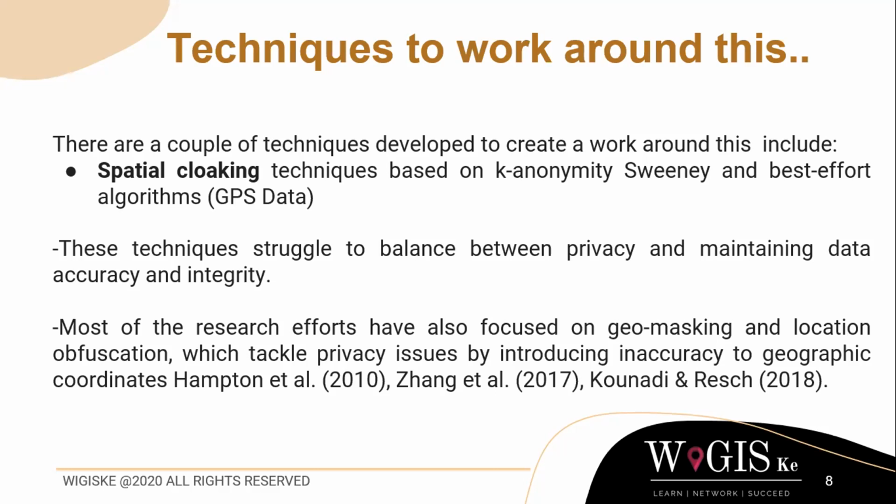You have to choose between privacy and data accuracy. Although this is one of the things that currently has a lot of research going into it. There's more research that's been focused on geomasking and also hiding the location. So this will automatically tackle privacy issues and still maintain our accuracy.